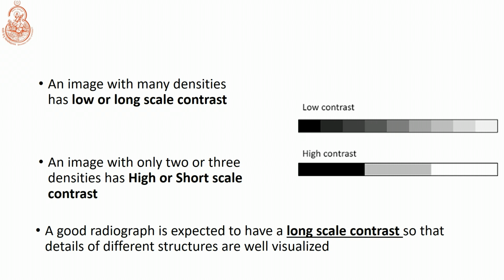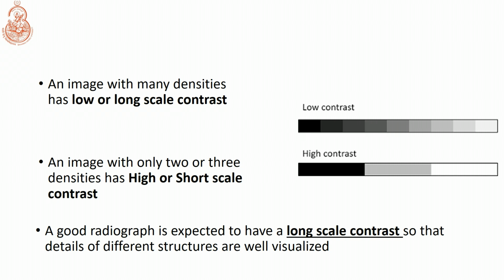If I am having many densities in a radiograph, I call it a low contrast or long contrast scale, while if I am just having two or three contrasts in my radiograph, I call it high or short scale contrast.